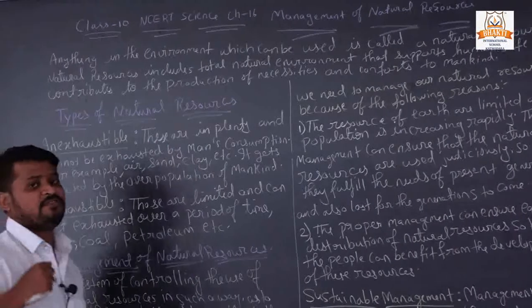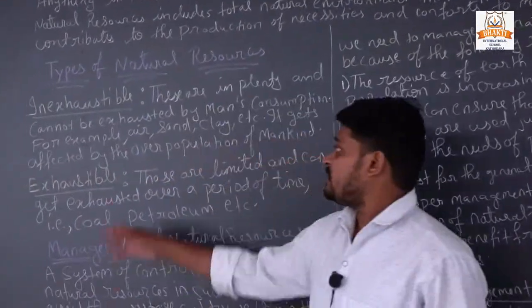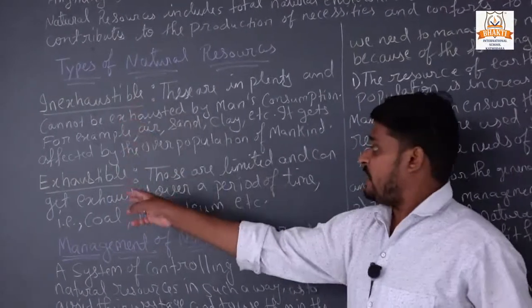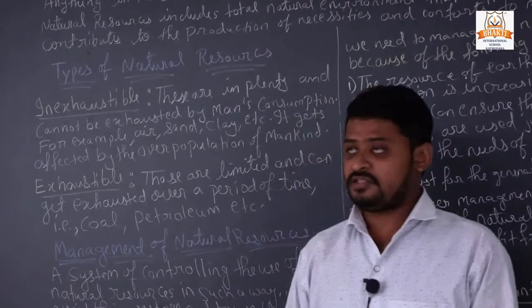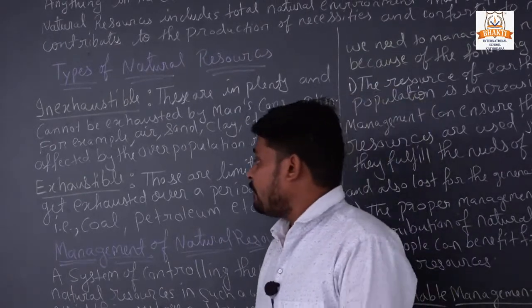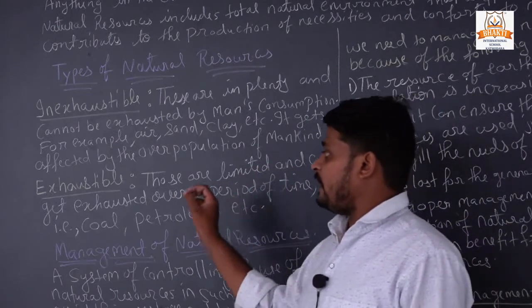There are two types of natural resources, and which are they? First is inexhaustible and second is exhaustible. But what is the difference between inexhaustible and exhaustible?